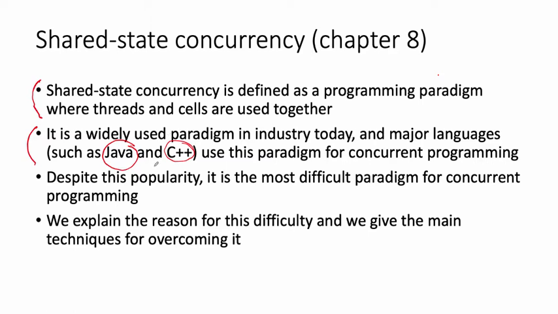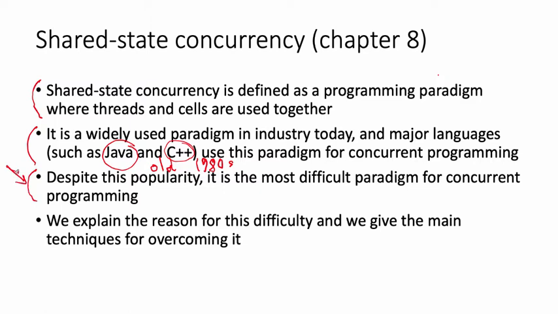Java and C++ are actually quite old languages. C++ is from the 1980s. Java is from the late 80s. So these languages are very old, despite their popularity. And shared state concurrency, we understand now, is not the best way to do concurrent programming. I actually showed you already better ways, but we will learn it because it's extremely popular.